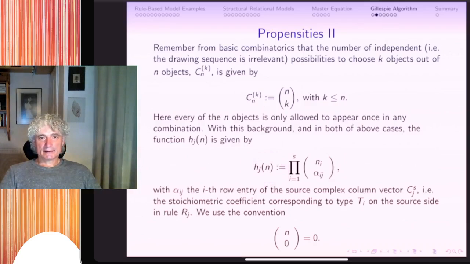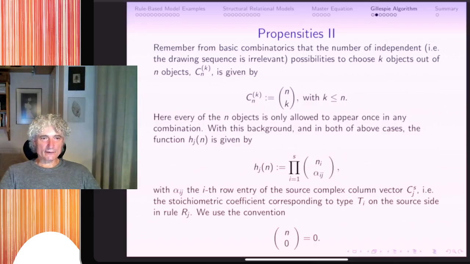And then the product of all of them is exactly the number h_j(n). So that means, if, for example, n_i is of the same order as alpha_ij, so there are just alpha_ij many objects of type i in the system, then this factor for type i will be very small, and then by taking the product, h_j(n) cannot be very big.